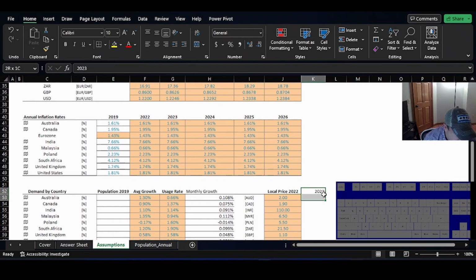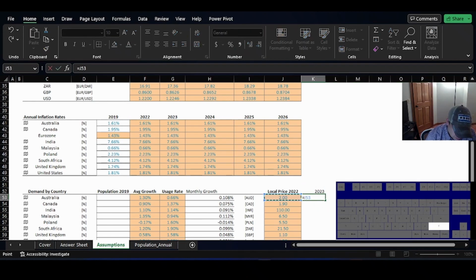Okay, so I don't know. So let's equals that plus that times, we look up that country.